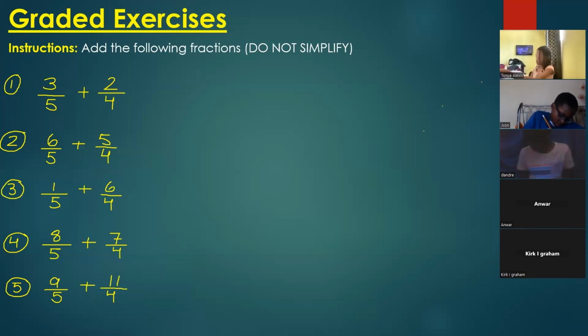Oh my goodness, he didn't do that like that. Ariana, why did you do it over 9? It says not to simplify. No, remember, you still have to find the LCM though.